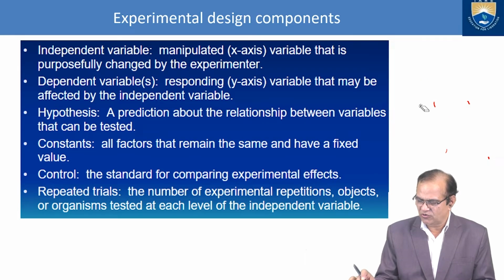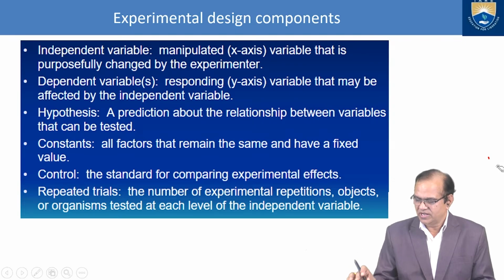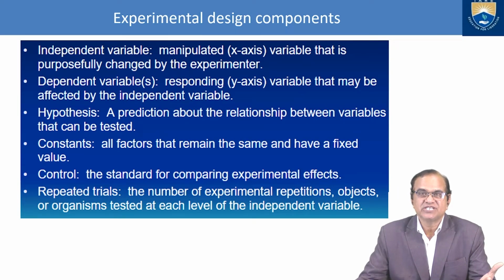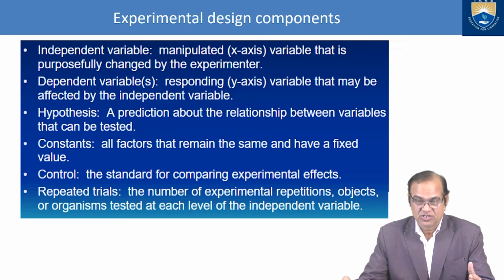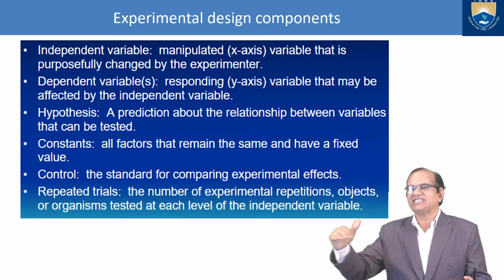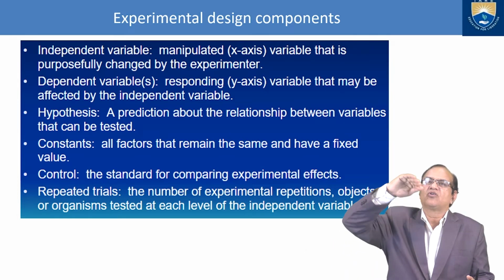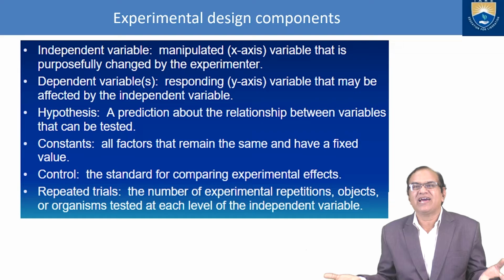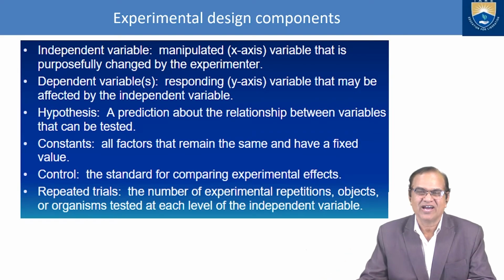First you find the independent variable, then the dependent variable, then you find the hypothesis. Hypothesis means a prediction about the relationship between variables that can be tested. So on the x-axis and the y-axis, you predict that if the x-axis is increasing, your y-axis will increase. This is a hypothesis. It may be correct or it may not be correct.